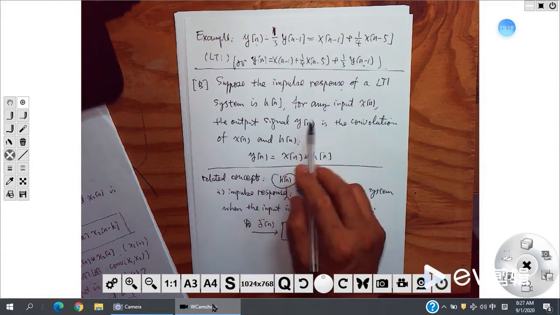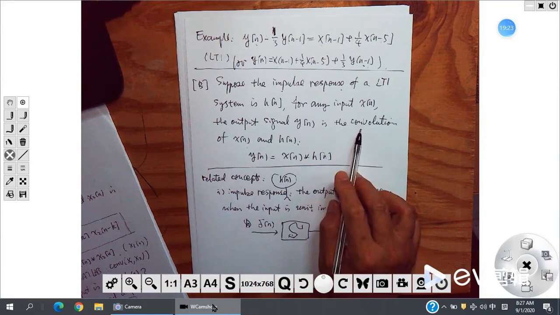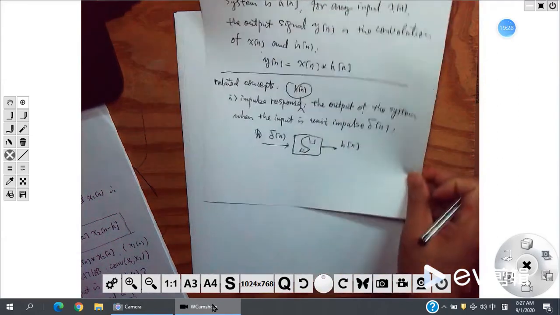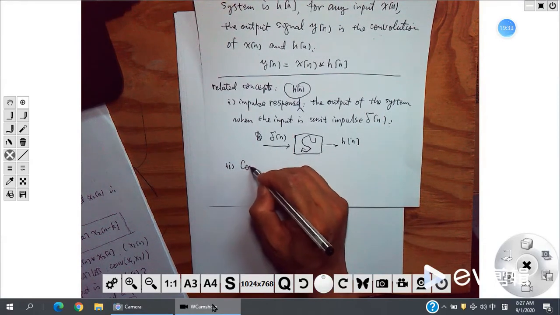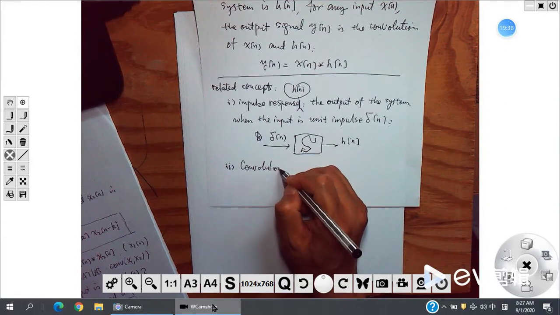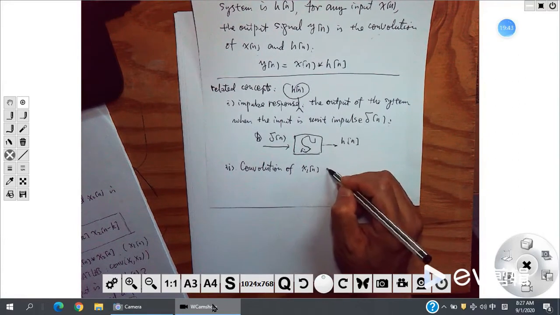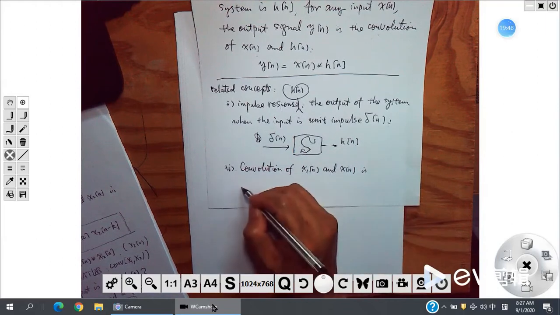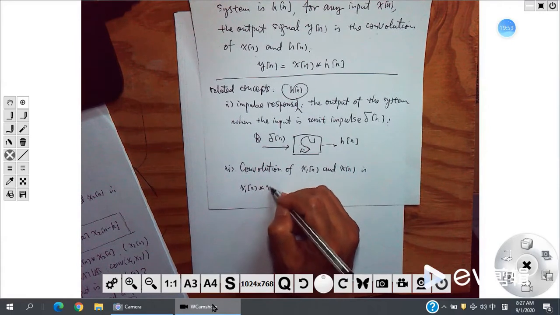And the second one, we have a convolution. So what is a convolution? Convolution of two signals, say x1 and x2, is a signal we usually denote as x1 convolution with x2.